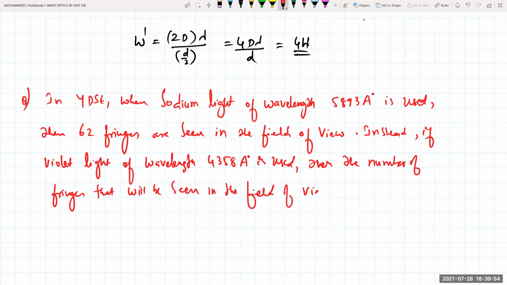Sir, we can use that previous formula, right, sir? N1 lambda equals N. First option is 54, second option is 64, third option is 74, and fourth option is 84.